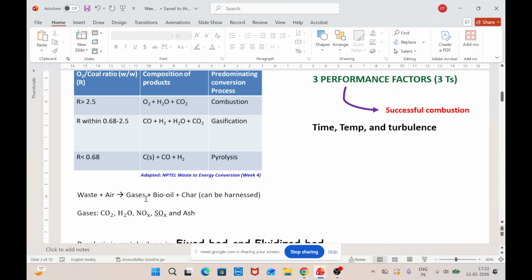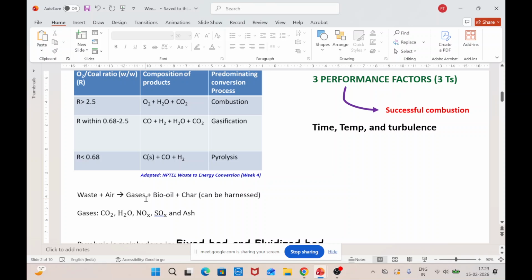In the primary process, the waste material undergoes drying and then devolatilization starts to happen. As devolatilization continues, volatile species are generated, and as you increase the temperature, they undergo a number of reactions which result in the formation of gas as well as bio oil.